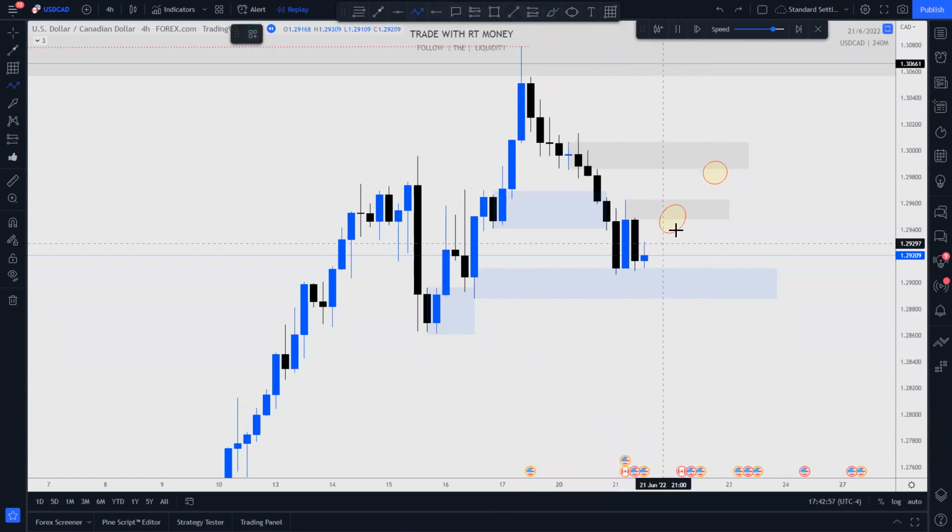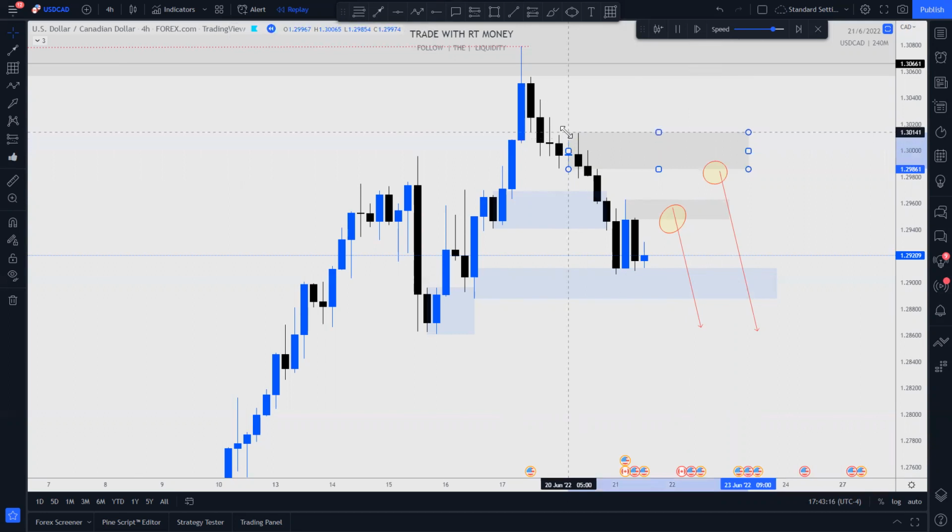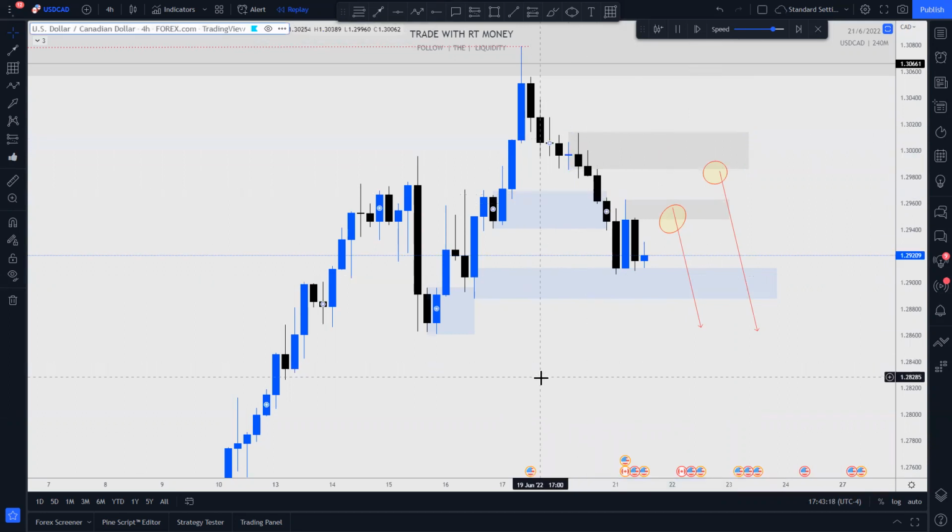Either we get it here, or we get it here, which would be even better. This is the better and more high probability setup, even though it's a little doji here. So we'll see what happens.